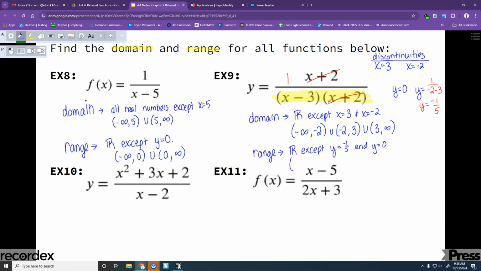Or it could be written like this, negative infinity up to negative 1/5, negative 1/5 to 0, and 0 to infinity. Don't worry too much about that. Finding that negative 1/5, it's not going to be the end of the world.